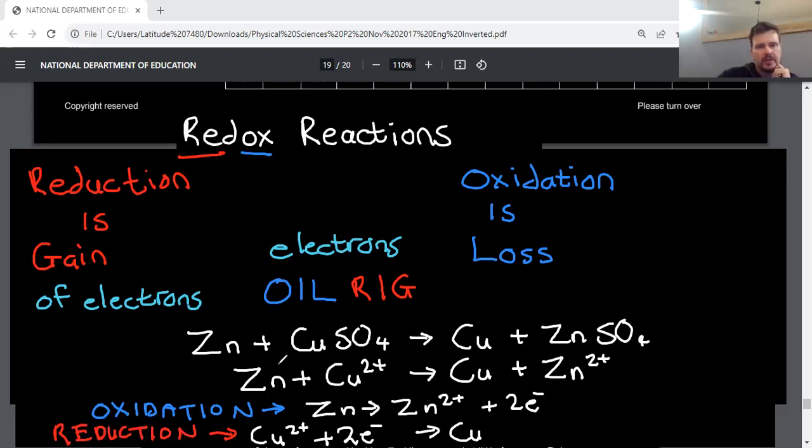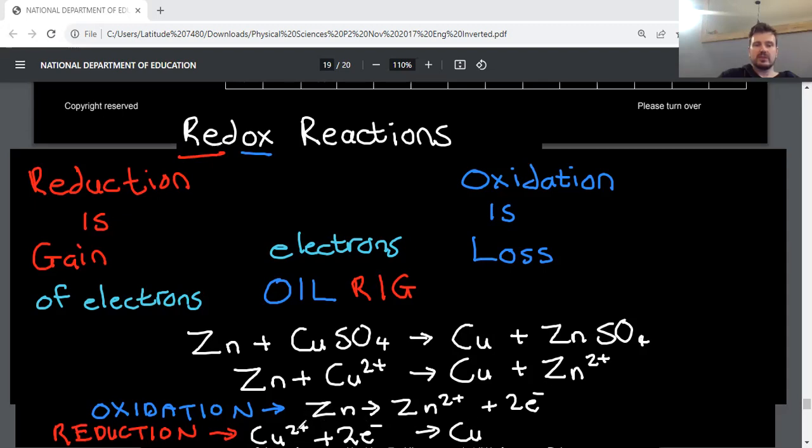So this is a redox reaction. The zinc has gone to Zn2 plus and 2 electrons, and the copper 2 plus has gone to copper, so it gained electrons. If something goes from 2 plus to neutral, it must have gained 2 electrons, because electrons are the negative bit. It's not Cu4 plus, because it's gone to just Cu.